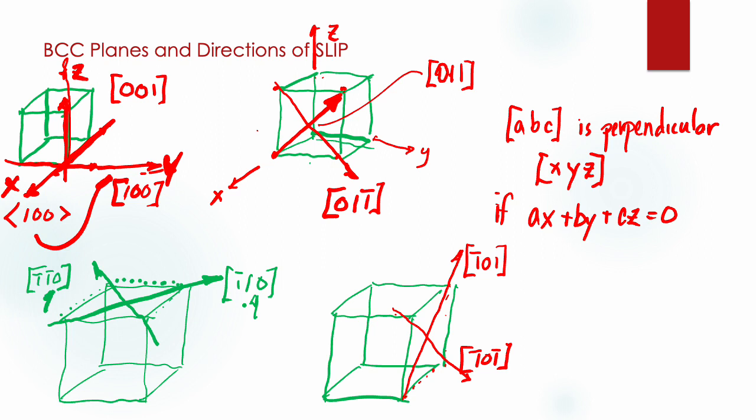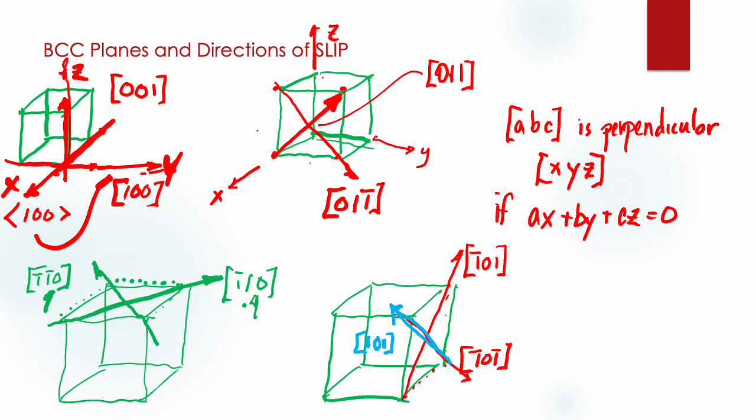Now, just to show you that it doesn't matter which direction I've drawn this. If, instead of having the arrow down, I had this direction, moving this way, it's still perpendicular. It's moving +1 in x and +1 in z. 1, 0, 1.